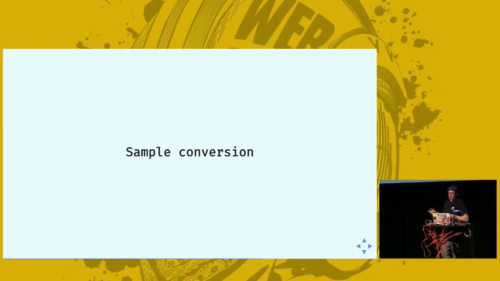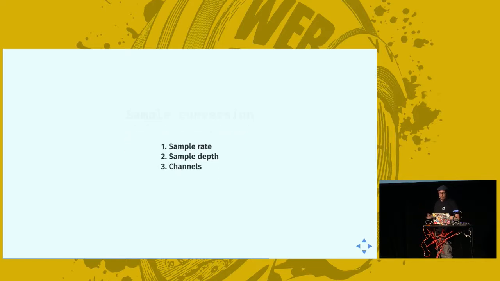The first thing you have to do is sample conversion, because the Novation Circuit can only play back a certain type of samples. So sample conversion basically means going for sample rate. Sample rate basically means how many samples per second you use to sample your audio data.